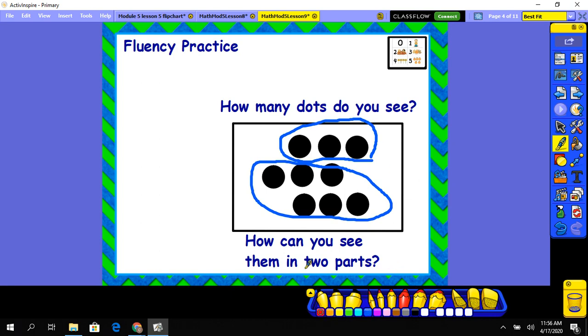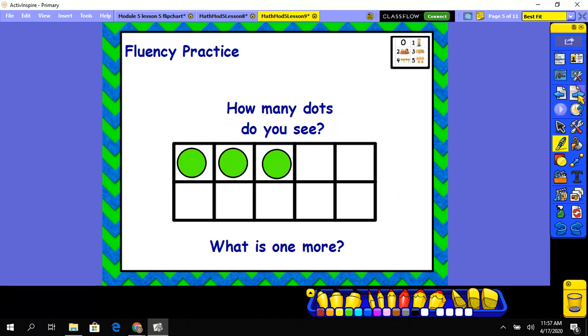Some people said, I see 1 dot here and 8 dots here. 1 and 8 make 9. You're both correct because there's many ways to make 9. Great job, Cardinals. Kiss your brains.